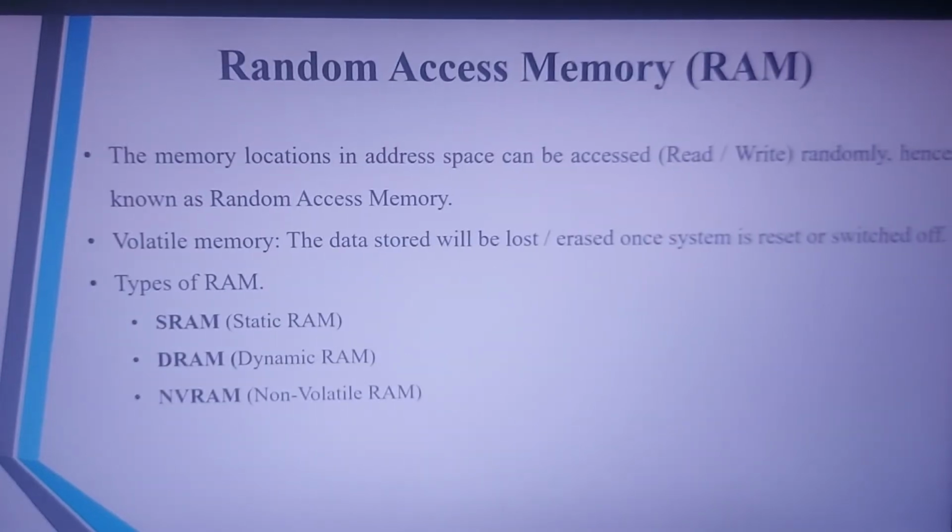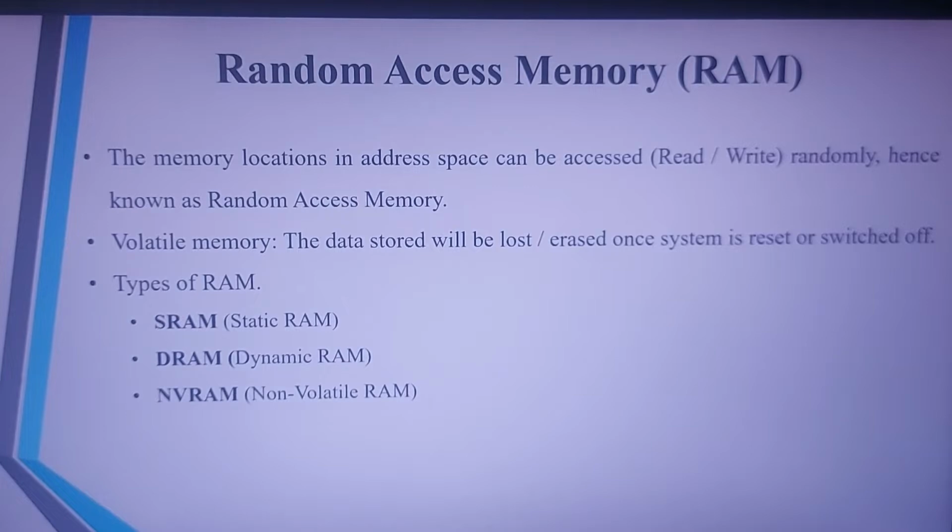Now we'll see what the different types of RAM are. Before going to that, let's understand what exactly a RAM means. As the name itself suggests, it is a random access memory. That means the locations in such memories can be accessed randomly. When I say accessed, it includes both read and write operations.